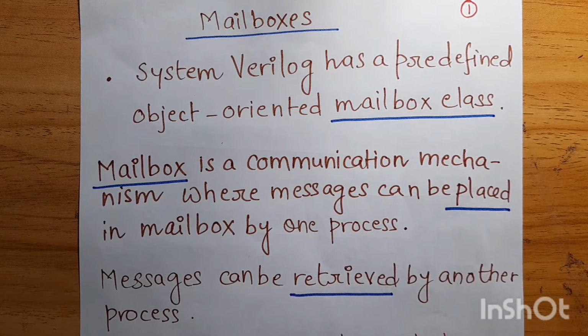When we want to deliver some letter or some information to somebody else, we drop a letter into a mailbox and that letter would be delivered by the postman or the delivery boy to the recipient. So the information or the message is taken from one place and put into another place. Or I can say that a message is placed in the mailbox by one process and retrieved by another process.